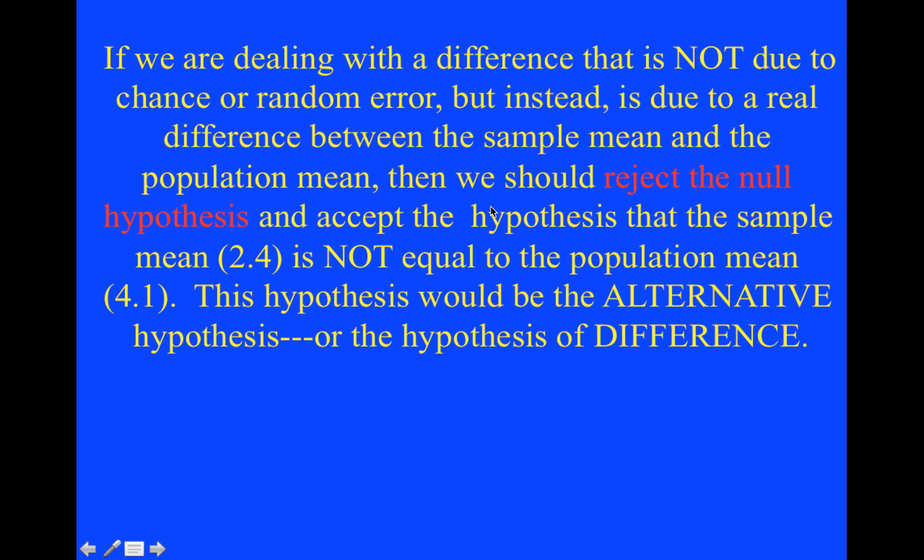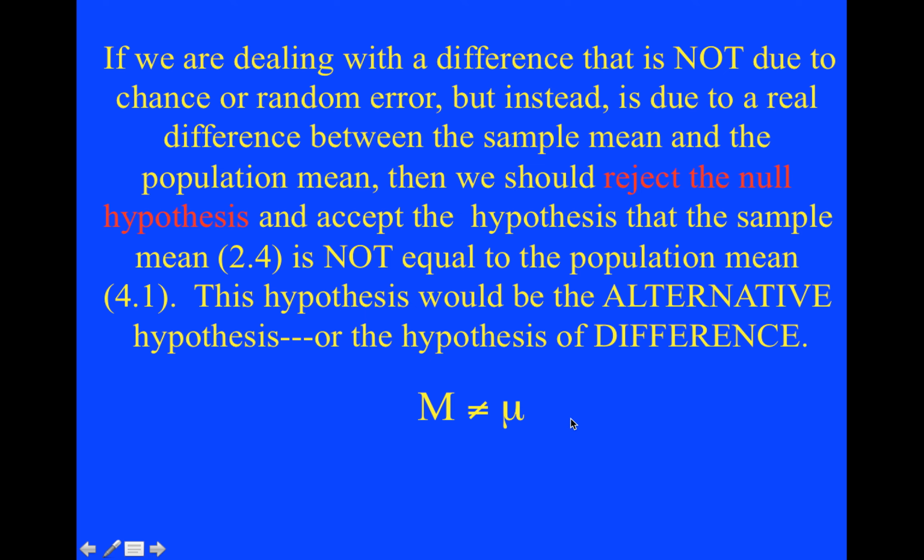If, however, we are dealing with a difference that is not due to chance or random error, but instead is due to a real difference between the sample mean and the population mean, then we should reject the null hypothesis and accept the hypothesis that the sample mean 2.4 is not equal to the population mean 4.1. That hypothesis would be the alternative hypothesis, or the hypothesis of difference.